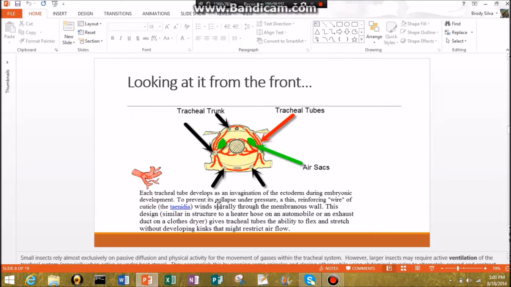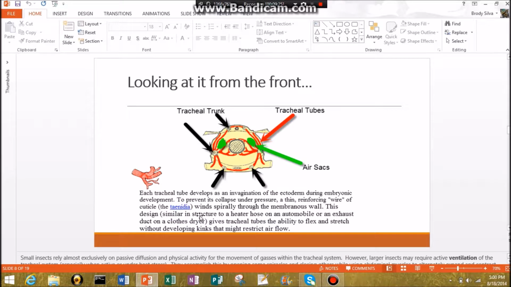Each tracheal tube develops as an invagination of the ectoderm during embryonic development, so basically while they're in the egg. To prevent its collapse under pressure, a thin reinforcing wire of the cuticle, part of the exoskeleton, which is the taenidia, winds spirally through the membranous wall.